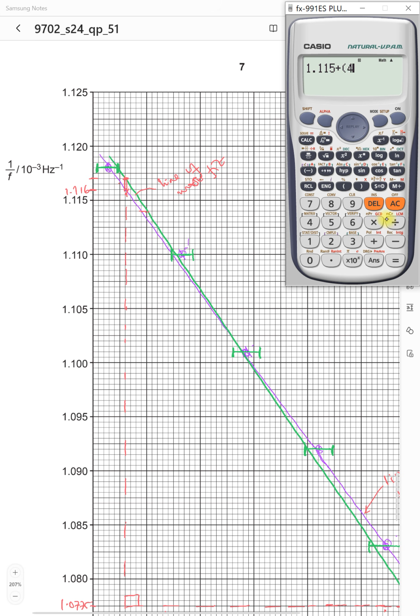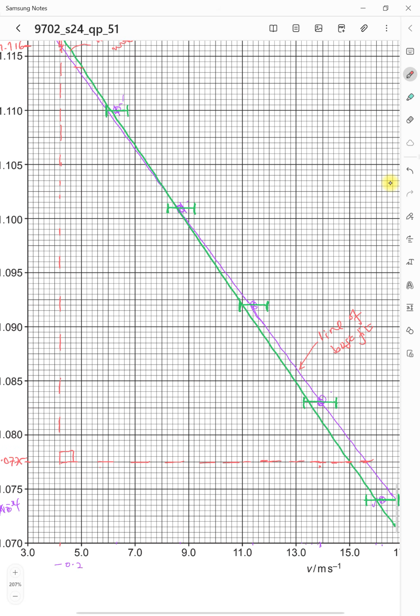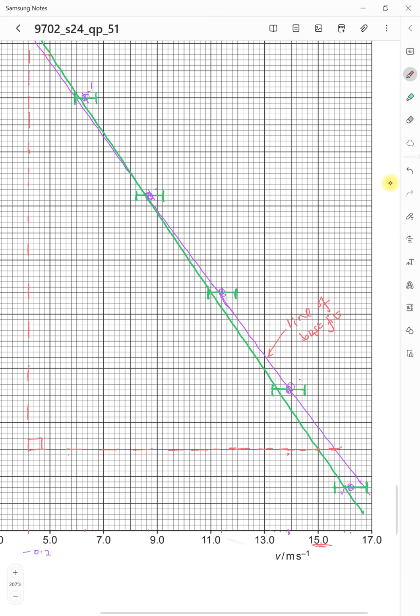So there are 4 times the scale, which is 5 exponent minus 4. So it becomes 1.117. Okay. Let me also read the x value for green this side. Of course, for green this side is just 15.